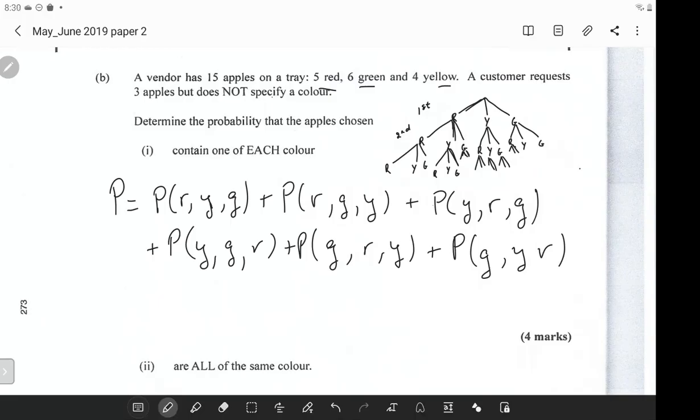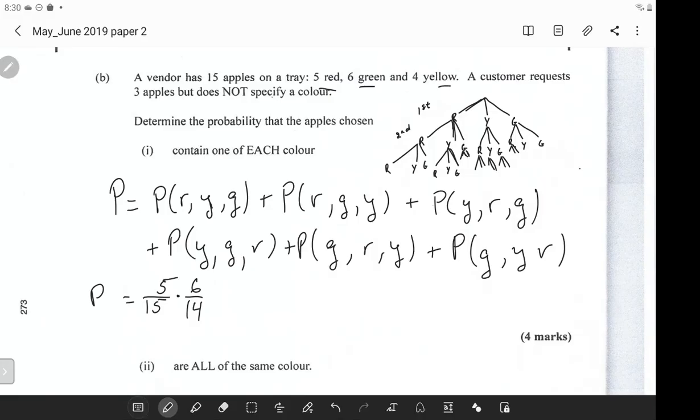Let's write what we get. Now, how many reds do we have? The probability that we choose red at random first is 5 over 15, times the probability that we choose a green, which is 6 over 14. Why? Because we already took 1 apple out, so we have 14 apples remaining, but we still have 6 greens.